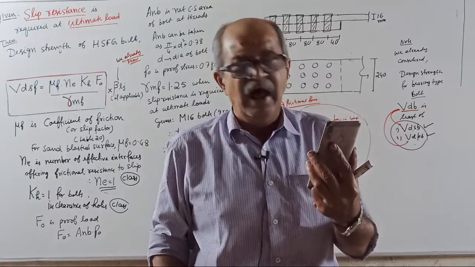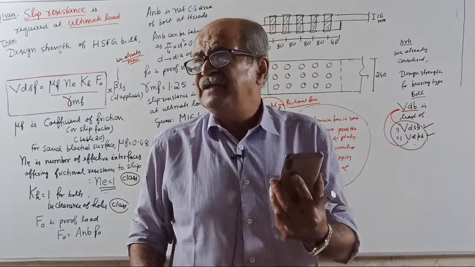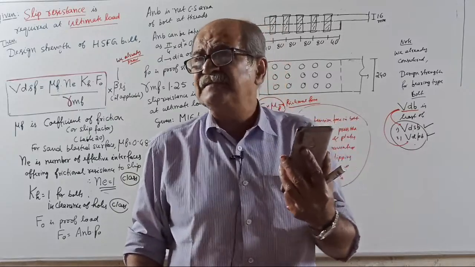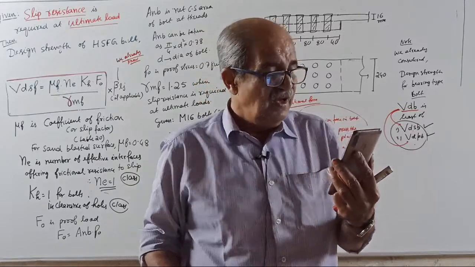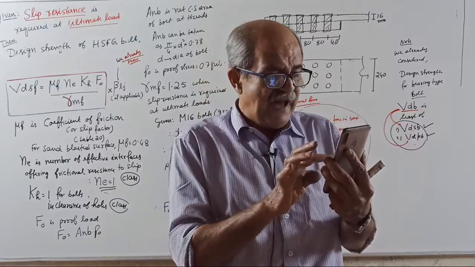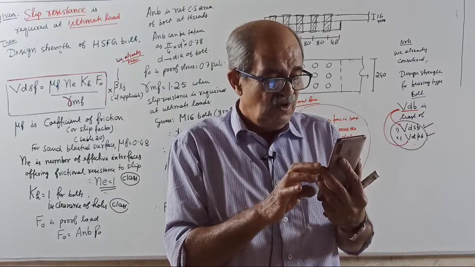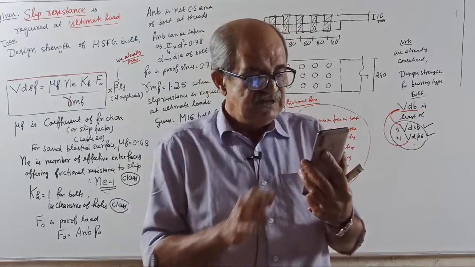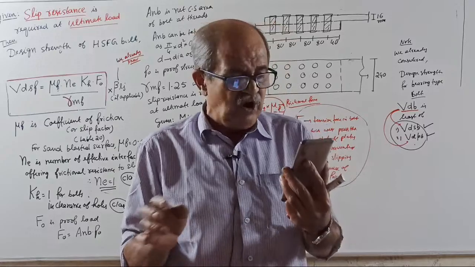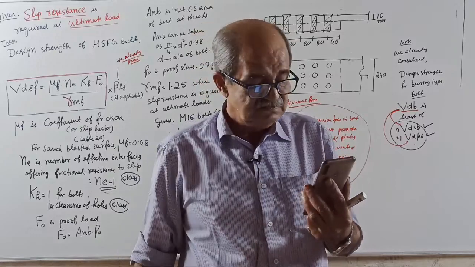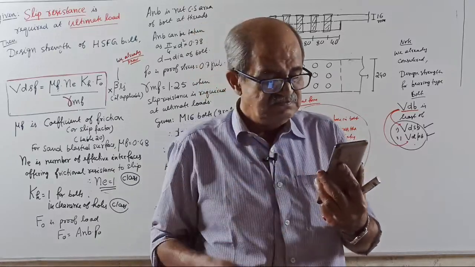See the IS code, or you tell me now. Instead of factored load, here they use one more other name. I won't tell you once again. You never heard of that one. Instead of factored load, we usually call another name. You are wasting time.